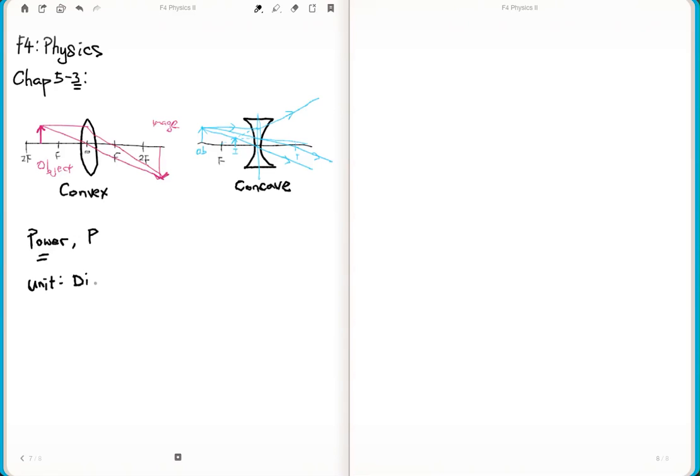D. I think you have seen this term if you are into photography. Capital D is a unit. So, what is power? Power is actually a measurement of the ability to converge or diverge an incident beam.